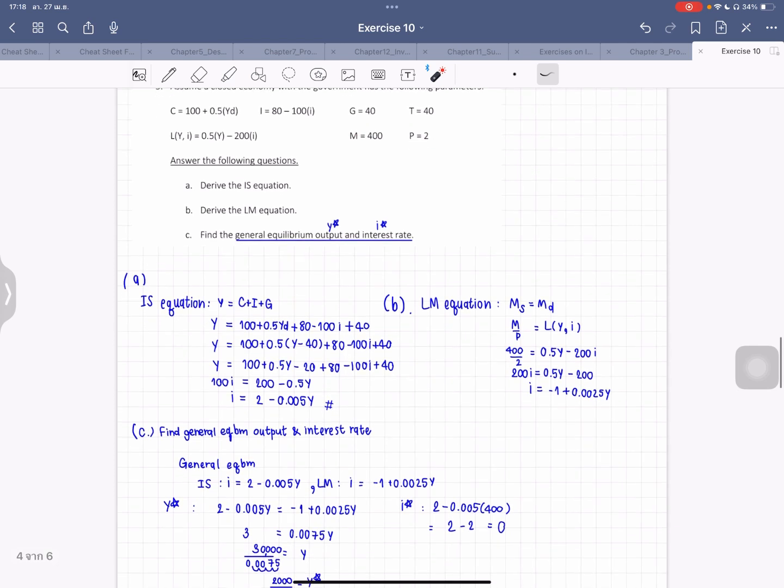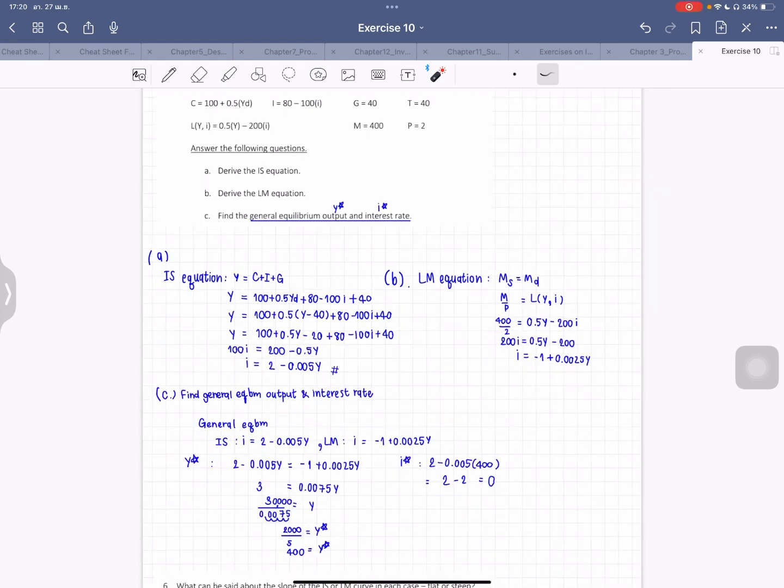So you rearrange I to the left-hand side. So you can get 200 I equal to 0.5 Y minus 200. So you can get I equals minus 1 plus 0.0025 Y.